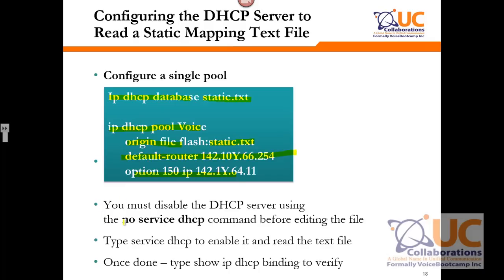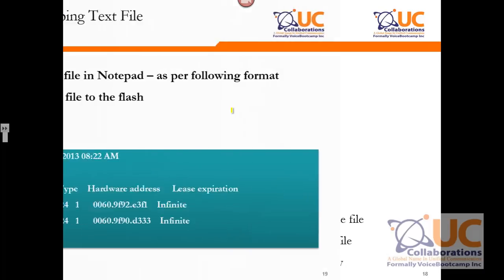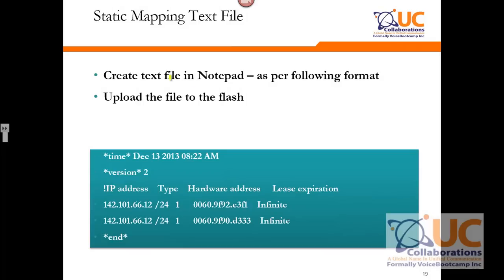Now we will disable the DHCP first and then enable it so that the router can read this particular file. The router has to read this file every time you update it. Then you create a text file with the following format. As you can see, this is the format of the file: time, date, version 2, IP address, the MAC address, and the lease expiration is infinite.